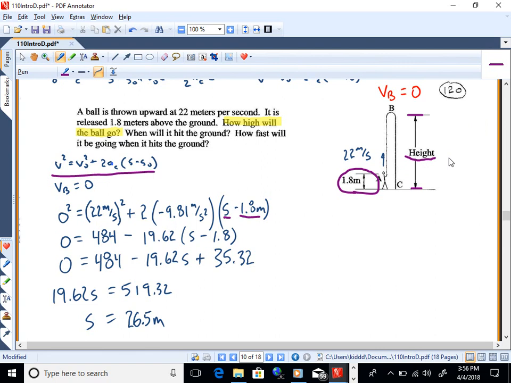All right, are we doing all right with that? So that'll get us 26.5 meters. Okay. We're good.